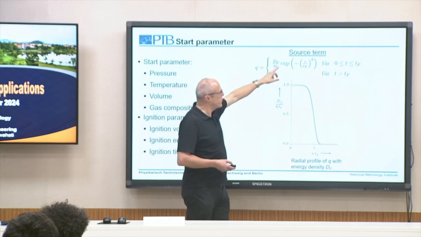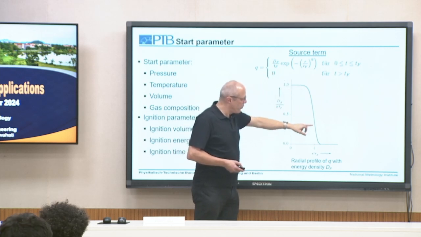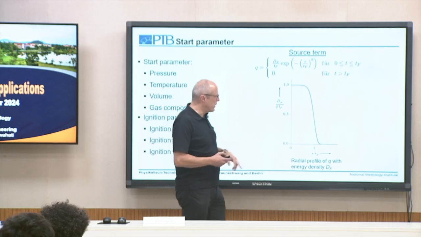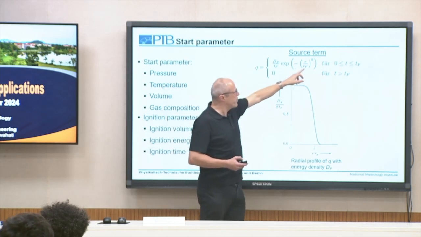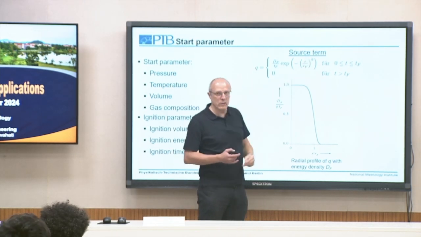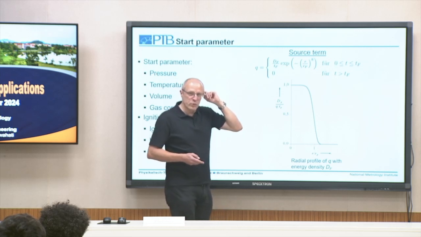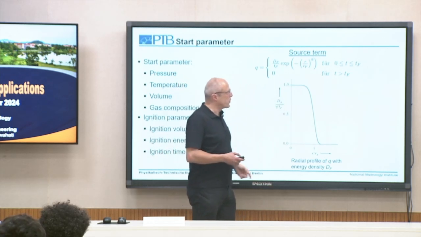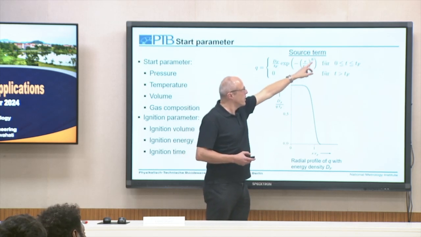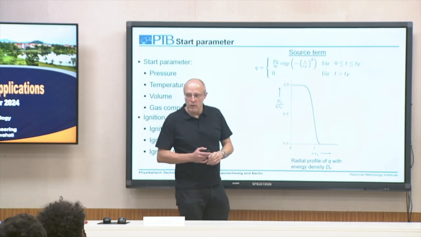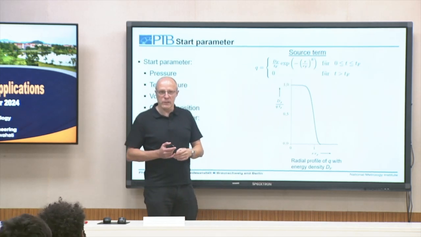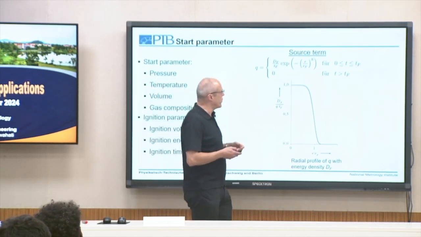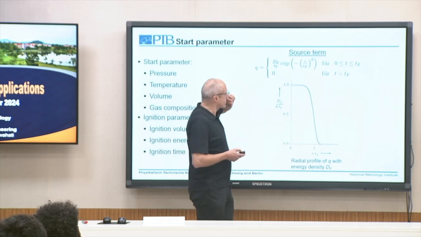So here we have a specific profile for our source term, so the radial profile of Q. This depends here on this factor. Here we can also have a factor of 2 only. We can have a linear relation. Then, of course, you get different profiles. This number of 8 was shown in previous work to give sufficient results compared to experimental work.